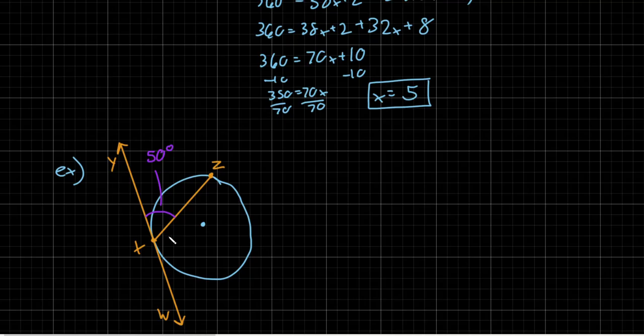Not done yet. I'm adding another chord to this problem. Down here, call this V. The degree measurement of this curve right here from Z to V is going to be 196 degrees. Given WY is a tangent line.